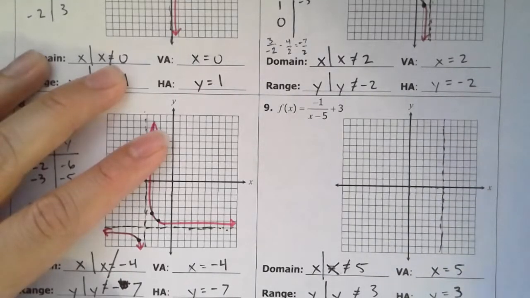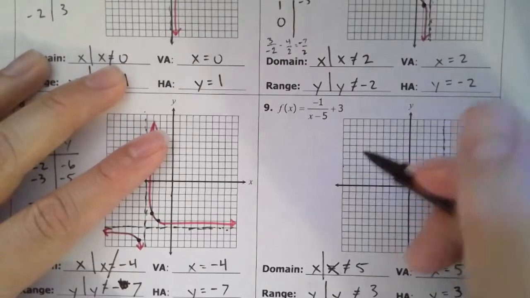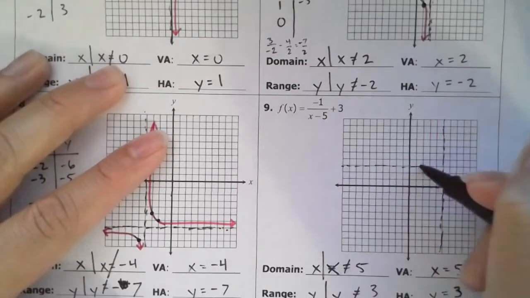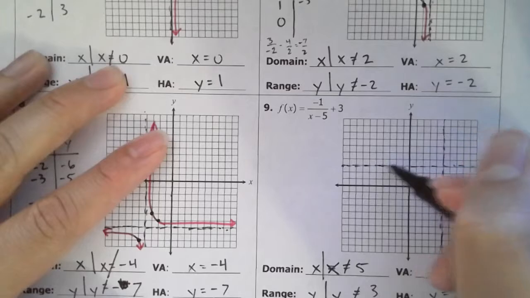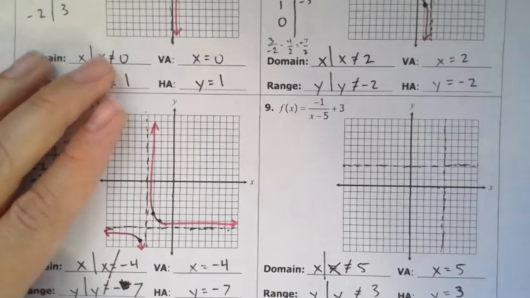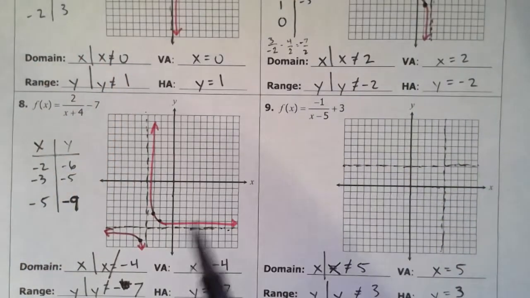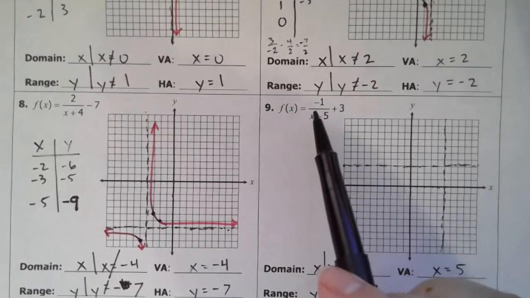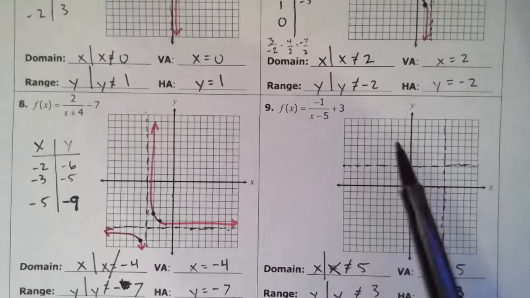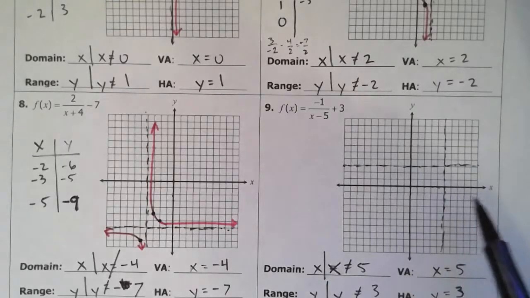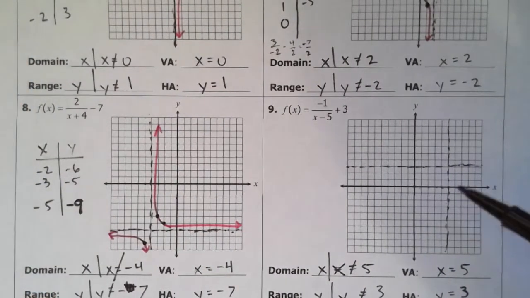My horizontal asymptote is at positive 3. So I have this here. And then notice that I also have a minus 1, right? So there's going to be a reflection. So I'm going to have a graph up here and then one here.